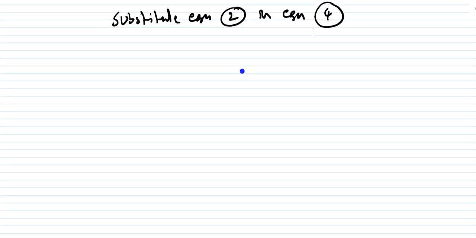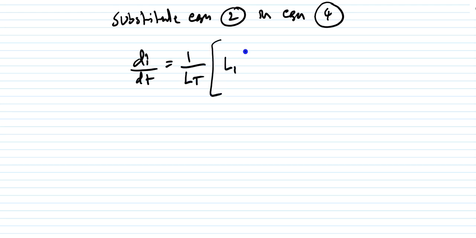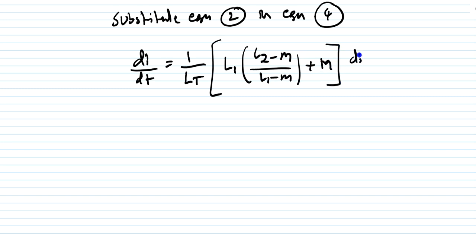If you do that, then what you are going to get here is di by dt equal to 1 by Lt into L1 into (L2 minus M) by (L1 minus M) plus M, and di2 by dt will come. So this is equation 5 you can take.